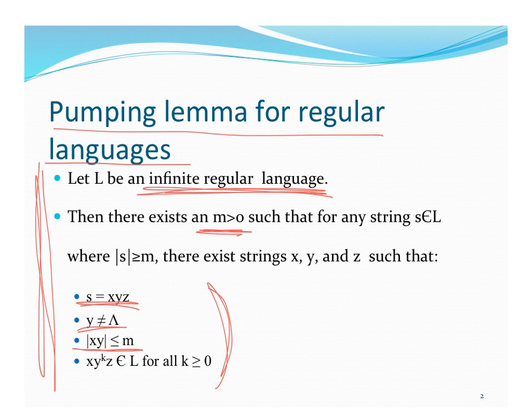Then every other string of the form xy^kz, where we take multiple copies of that y, is still in my language. So this was the pumping lemma for regular languages.